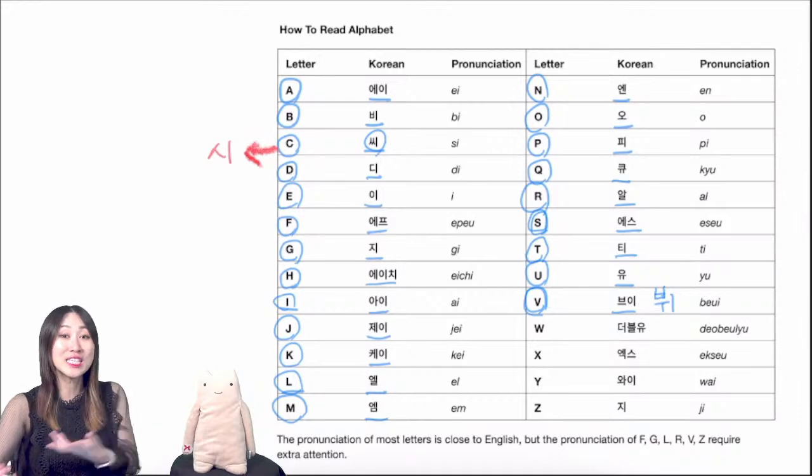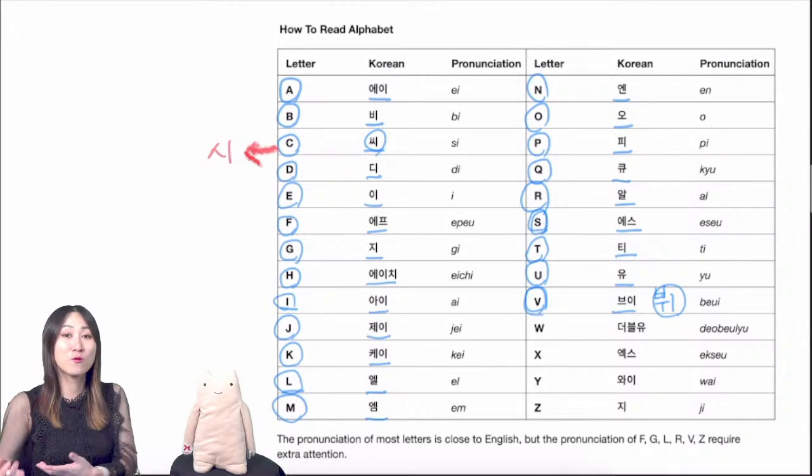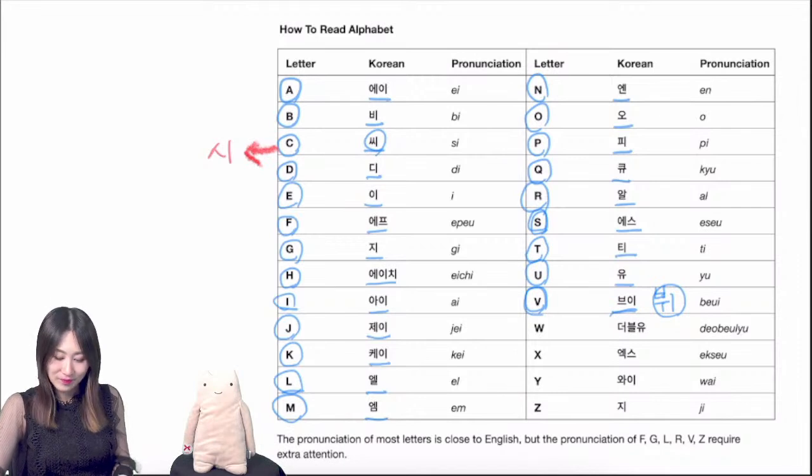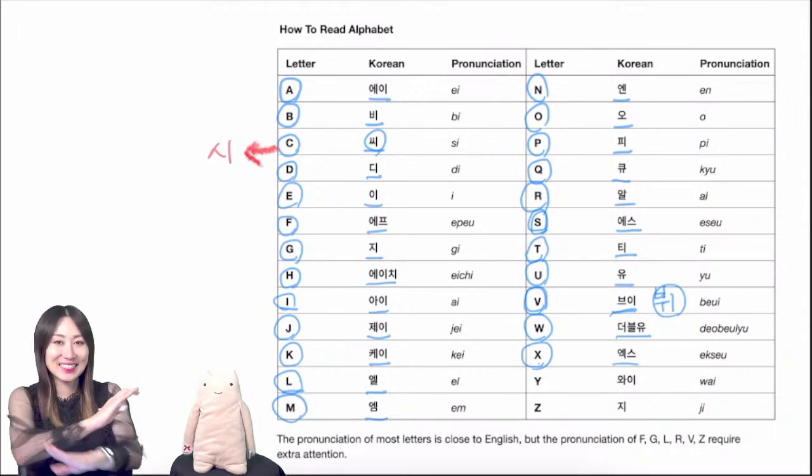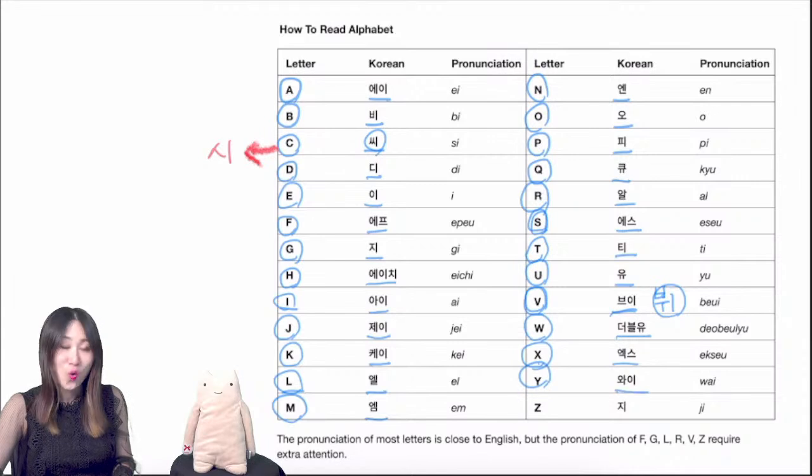So his name is V, but the alphabet is V. W. X. And this is Y.